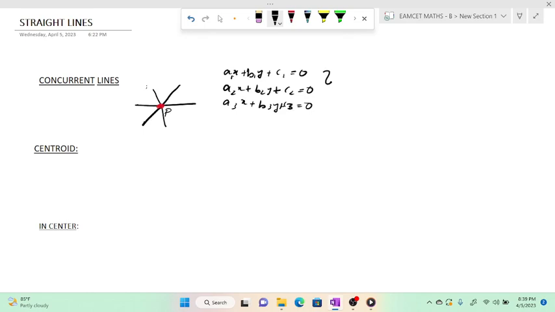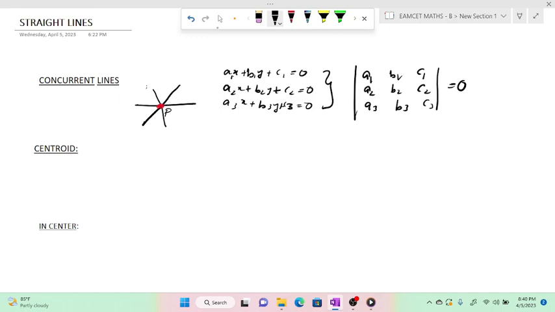Here these three are concurrent, which means they satisfy this condition: the determinant of a1, b1, c1, a2, b2, c2, a3, b3, c3 is equal to 0. Then these three lines are concurrent lines.